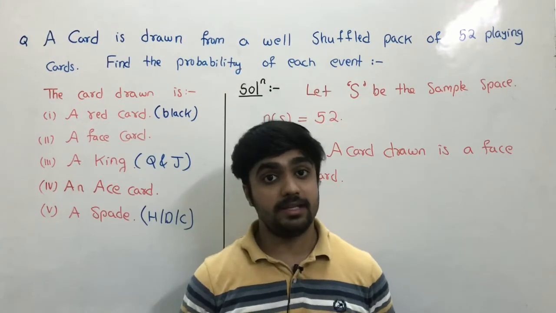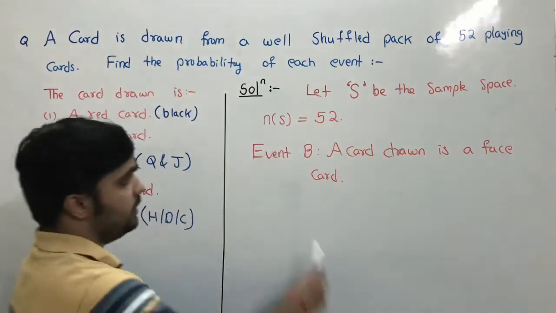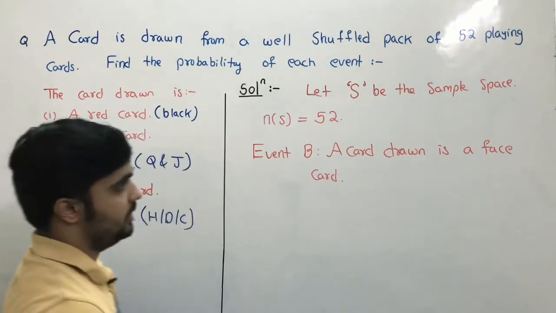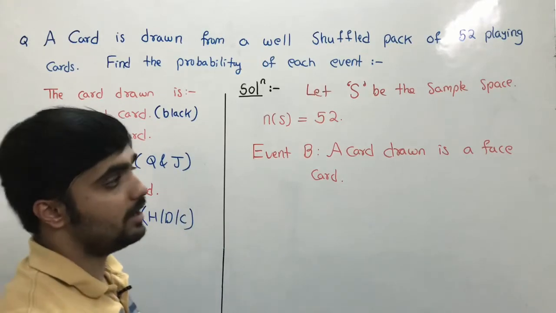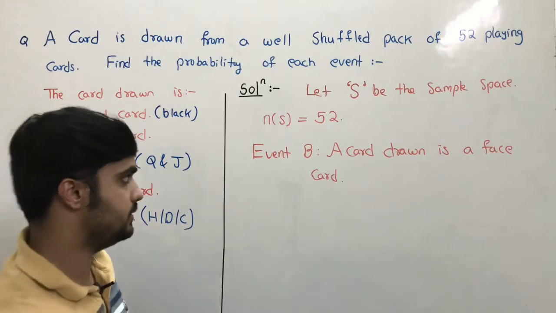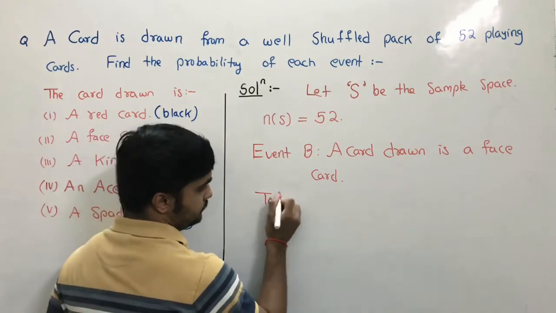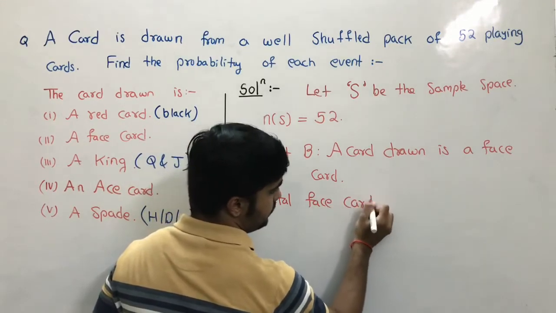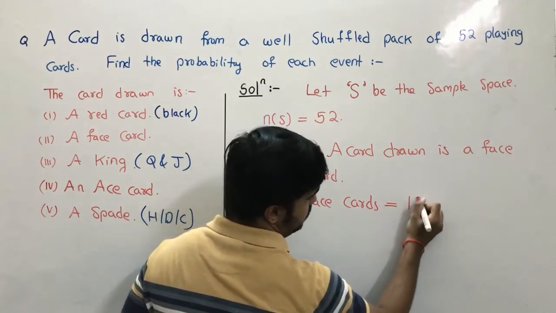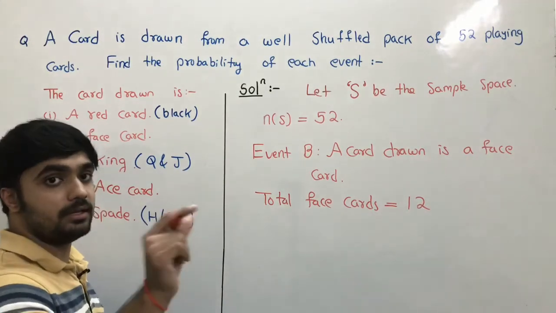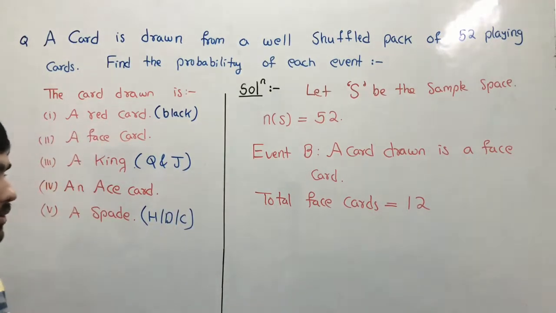Our next event is a face card. Let B be an event such that a card drawn is a face card. As we all know, there are total 12 face cards in a pack of 52 playing cards. So total face cards are equal to 12, like 3 in each set, king, queen, jack in each of the 4 sets.